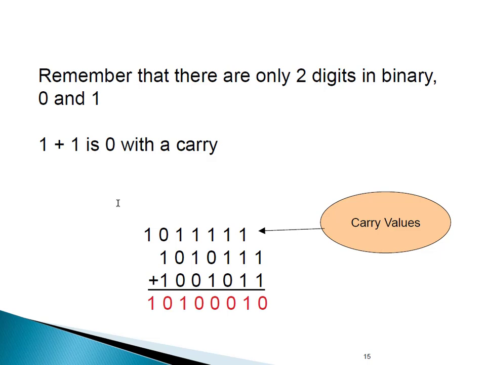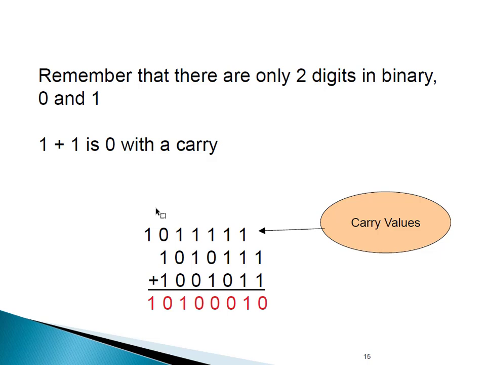So in base 10, if you're adding 5 and 6 in the same column, you get 11. The 1 will be carried to the next column and the other 1 goes down as a remainder. Similarly, this works in base 2 as well.